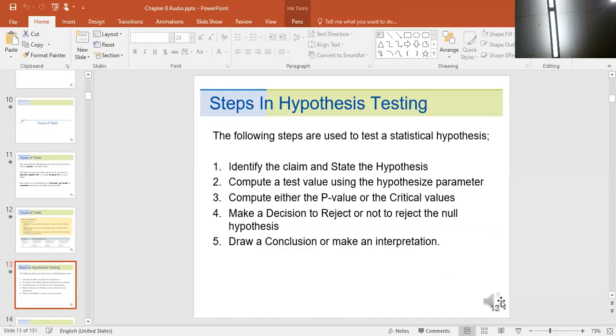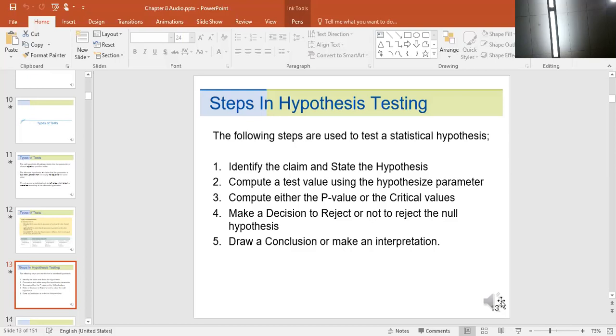How do we conduct a test? First, we identify the claim. What is the claim? Now, using that claim, whether it has equality or not, determine whether it should be H0 or H1. Then we compute the test value using the hypothesized parameter.